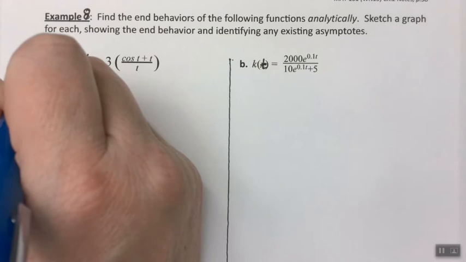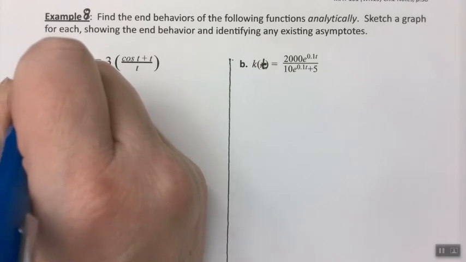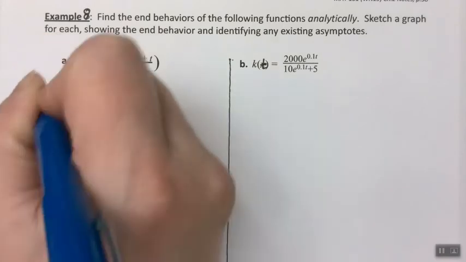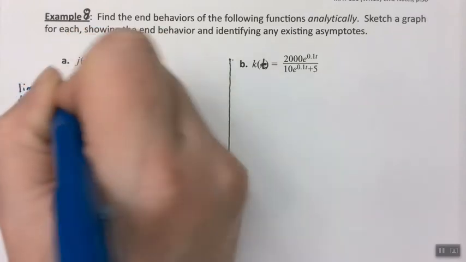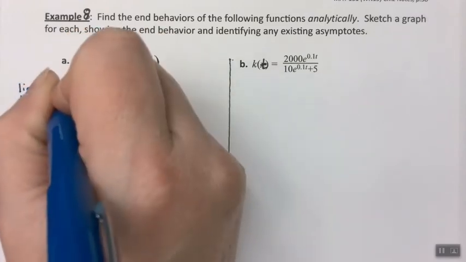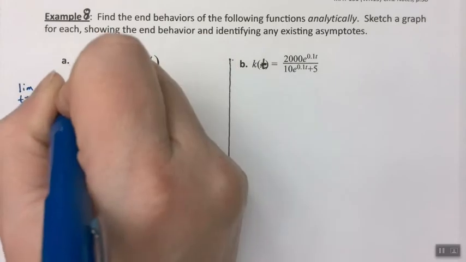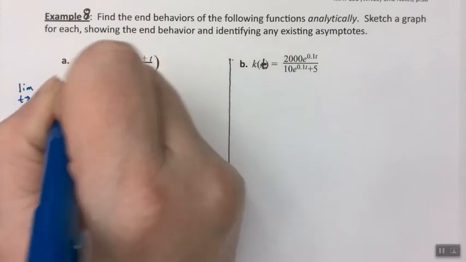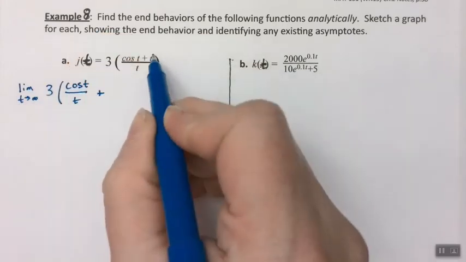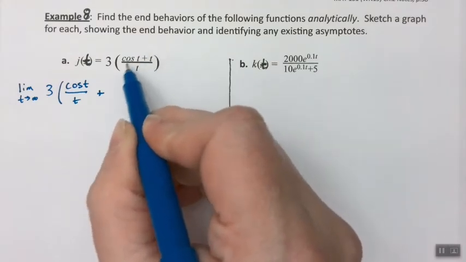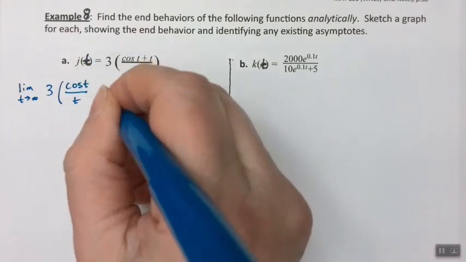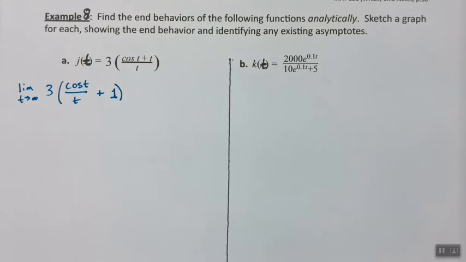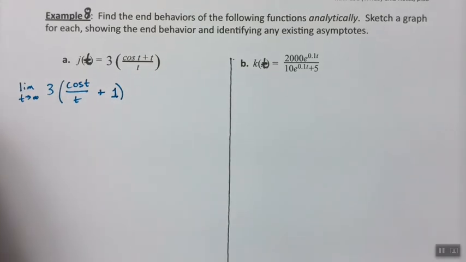Okay, so limit as t goes to infinity of 3 cosine of t plus t over t. I'm going to rewrite this. This would be cosine of t divided by t plus, but t divided by t over here would be 1. But now I'm going to make a little bit of an argument here, like a logic argument.